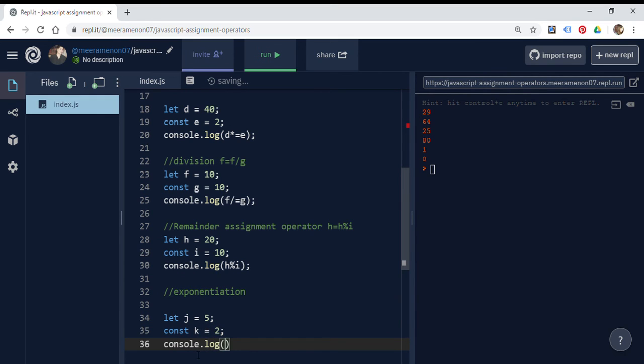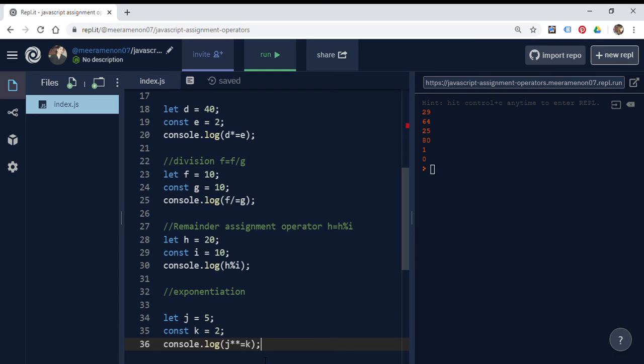So let's call for finding the exponentiation value. What does it mean? 5 is j, so j to the power k. So 5 to the power 2.